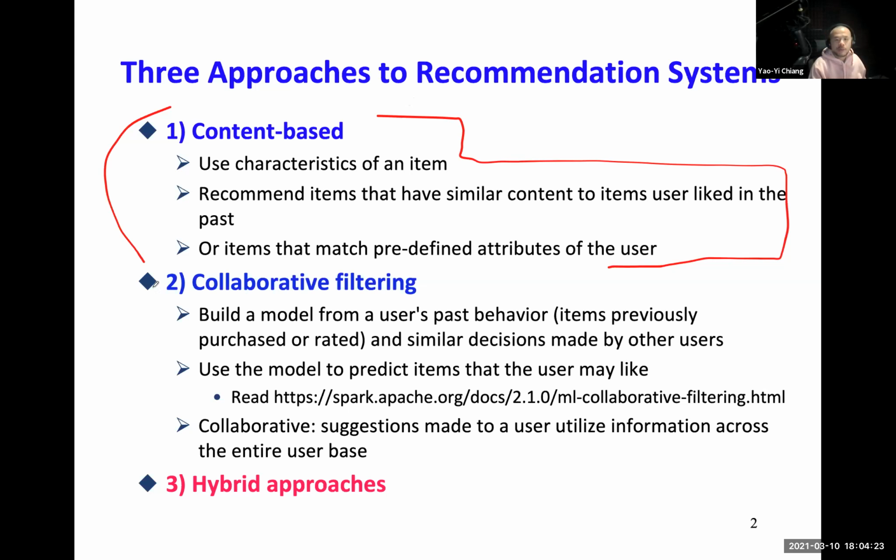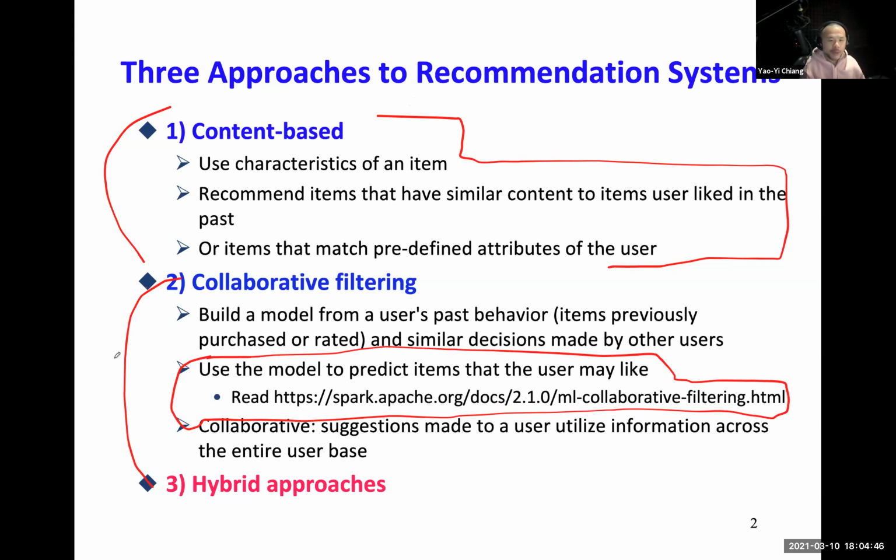Then we talk about collaborative filtering. In collaborative filtering, we have this user-based method, item-based method, a model-based method, right? So model-based method, we didn't really go into the techniques, but you will be able to try this one from Spark. And for user-based and item-based, those are pretty straightforward.